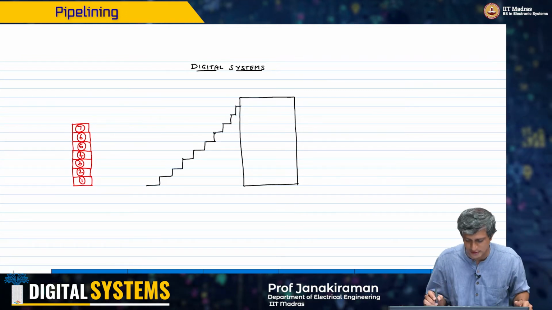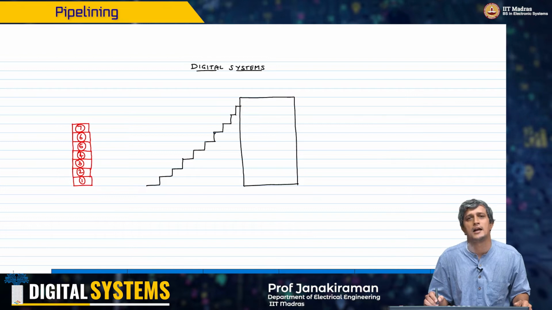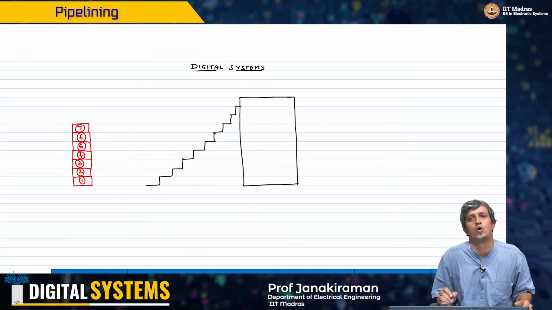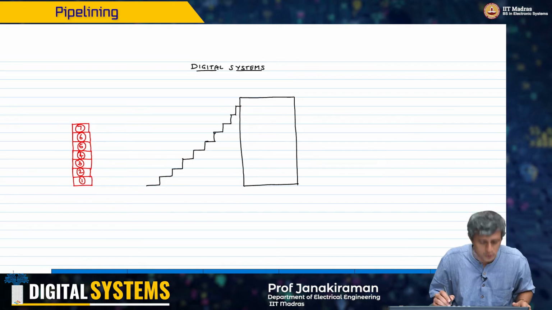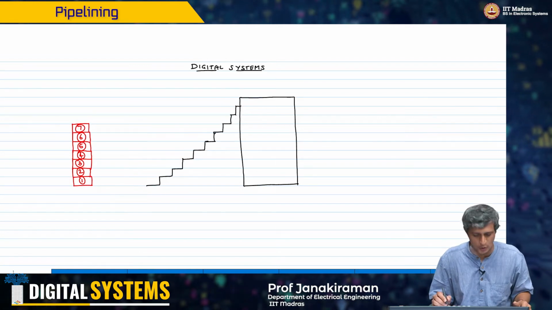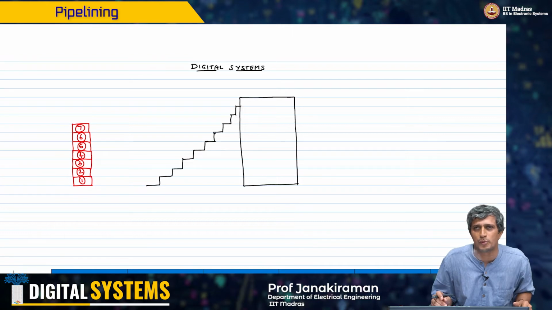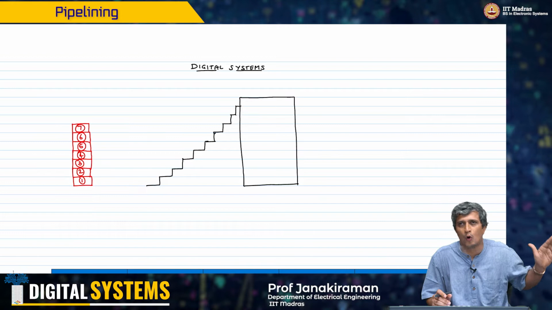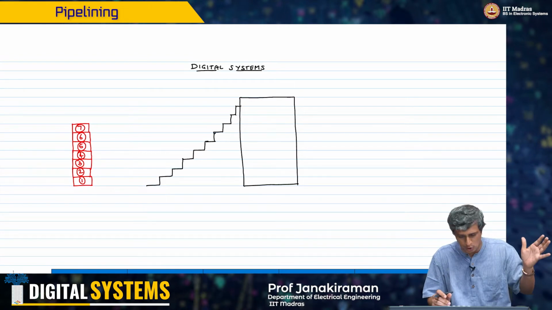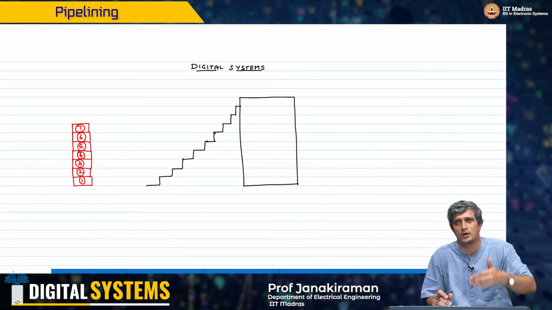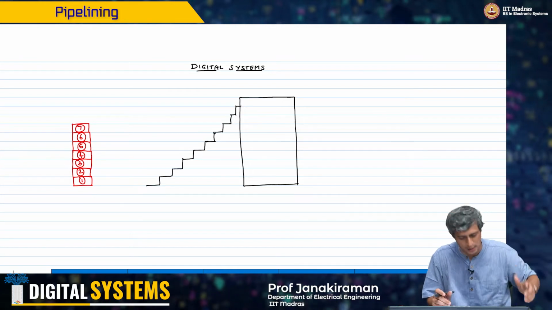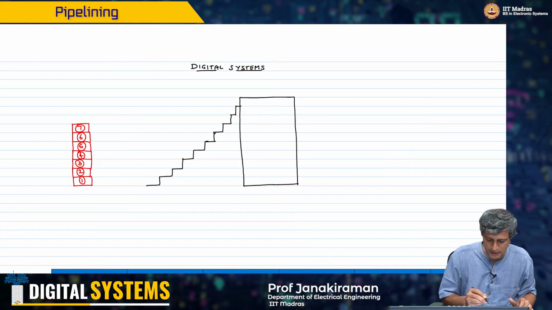So let's say it is built like this, and there are stairs that have been built to go all the way to the first floor. So of course, the most naive way of doing this is that you take one brick at a time, and then walk up all the stairs, leave the brick on top, come back, take the next brick and go, right? So this is something that we could technically do.